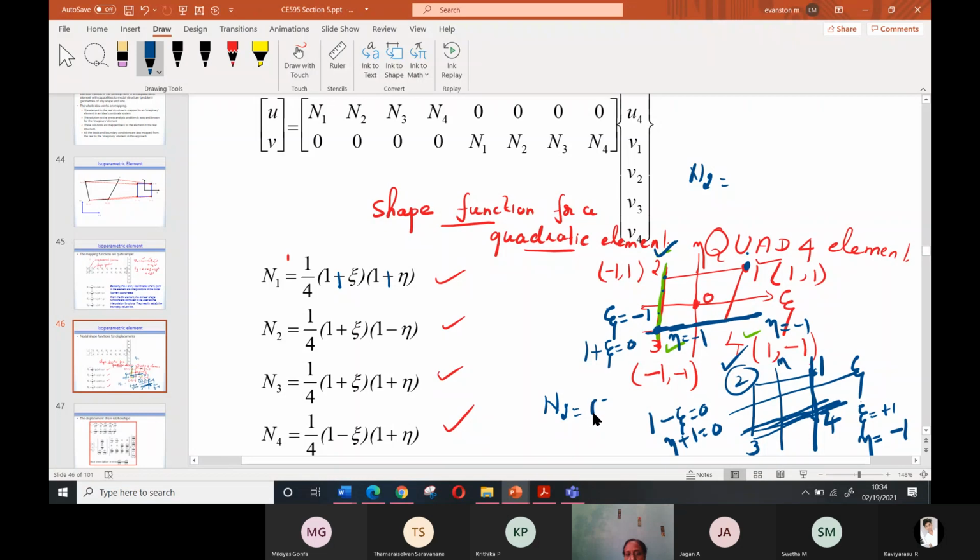So N2 is equal to C2 into (1 minus xi) into (1 plus eta). The easy way is, when you look at this line, you see here in this node 3, it is minus 1. If you want, I'll rub it off and once again I'll draw and show you.